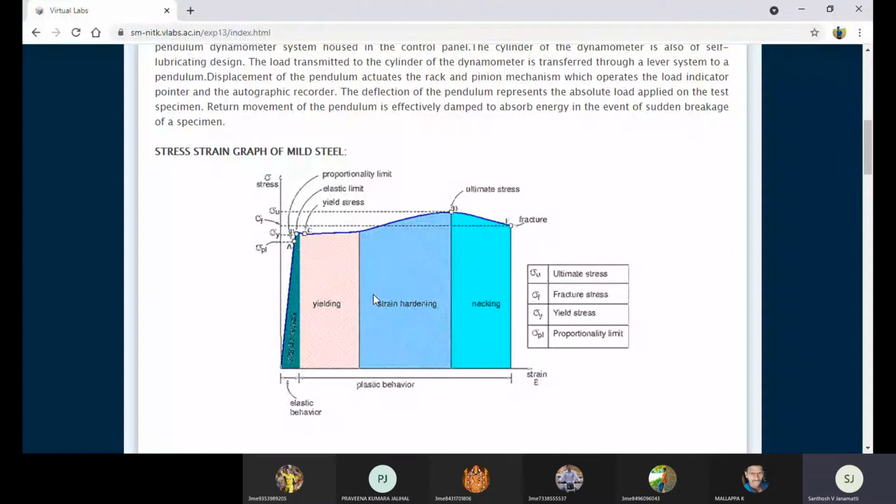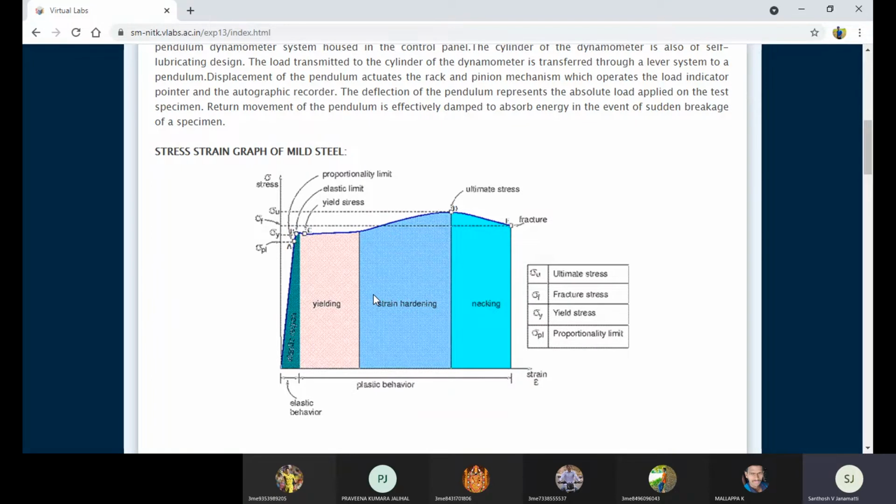As I told you, yield stress, ultimate stress, and fracture stress are very important, because we need to determine the ultimate strength, fracture strength, and yield strength. Meanwhile, we should understand elastic deformations and plastic deformations.